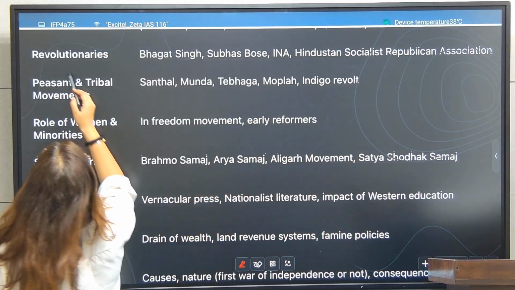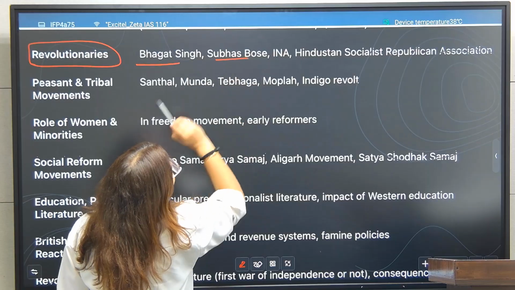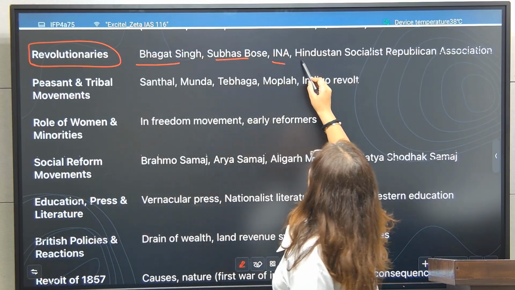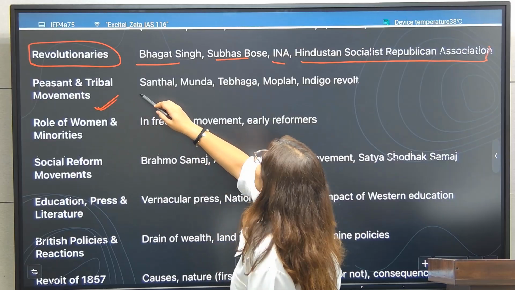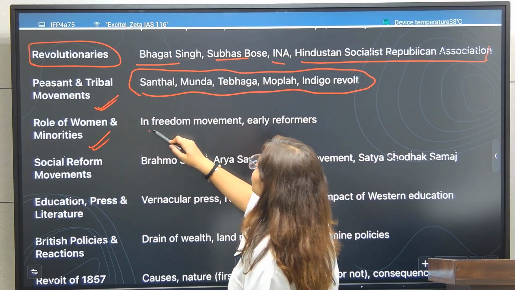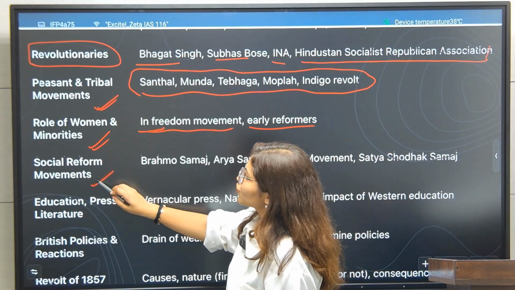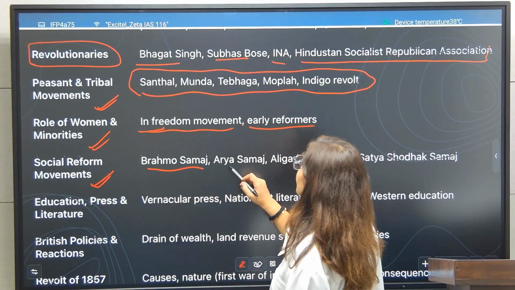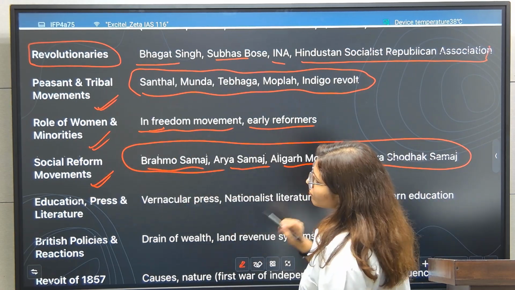So in the revolutionaries part, Bhagat Singh, Subhash Chandra Bose, INA, HSRA. In peasant and tribal movements, these important movements. Role of women and minorities in the freedom movement, early reforms, social reform movements, Brahmo Samaj, Arya Samaj, Aligarh movements, these important movements.